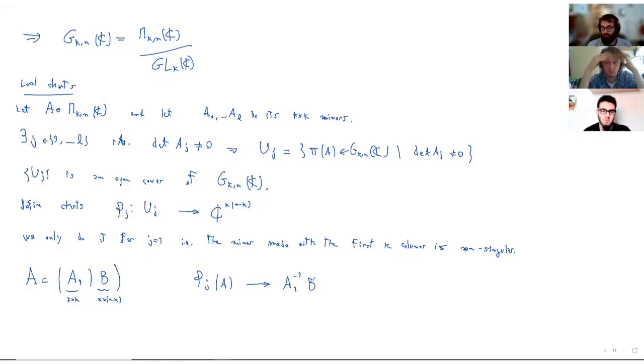And we should show that this does not depend on the, sorry, this of course should not be A, but it should be pi of A. We should show that this is independent of the choice of representative, right? But that's an exercise.